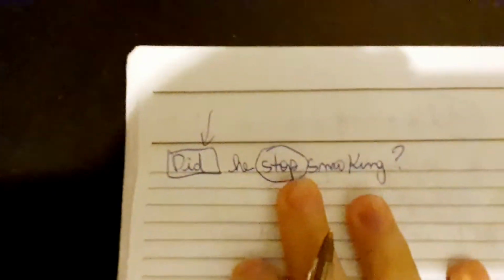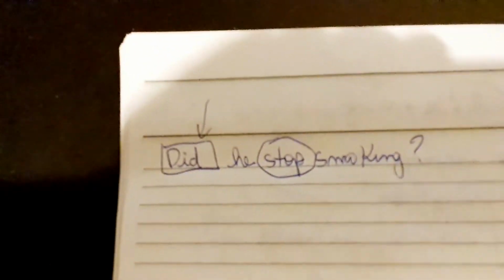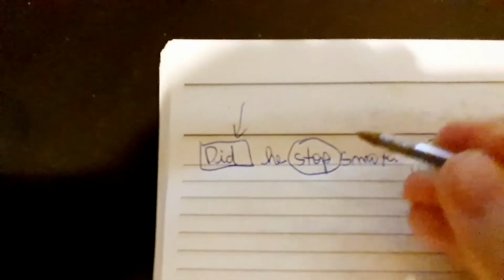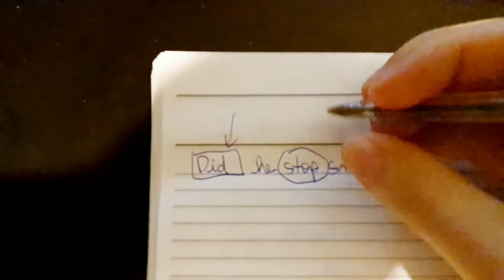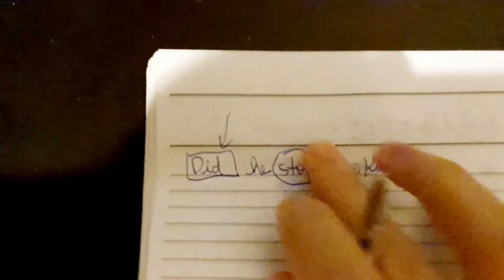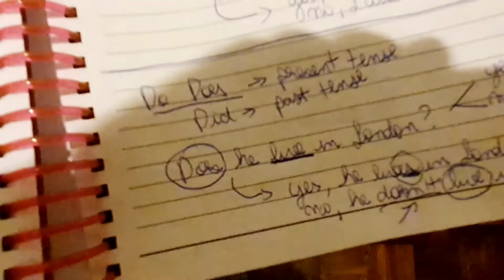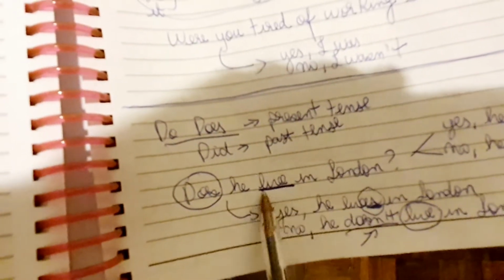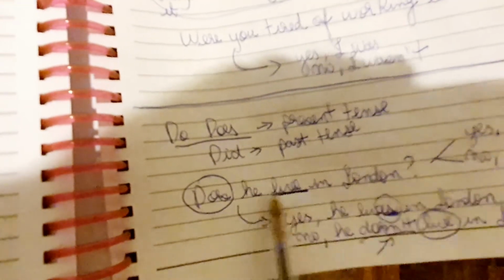So, stop isn't capable of making questions on its own. So I need an auxiliary verb to make questions. I put did in the front of the sentence, at the beginning, and the main verb comes in the infinitive form. It's the same logic that we employ in the present tense, right?